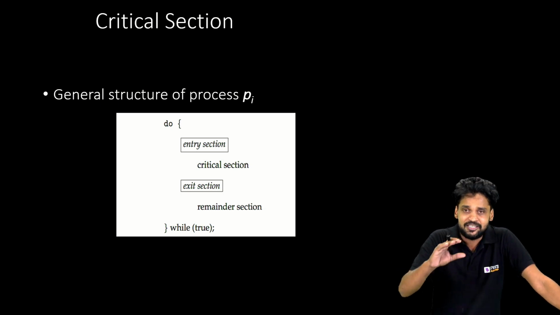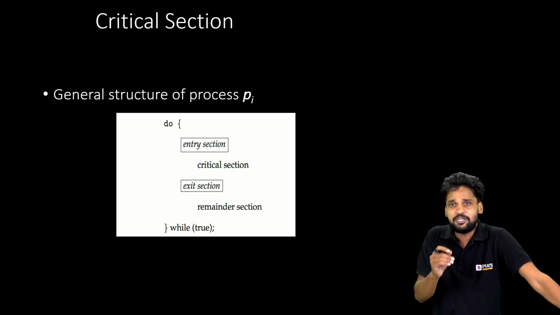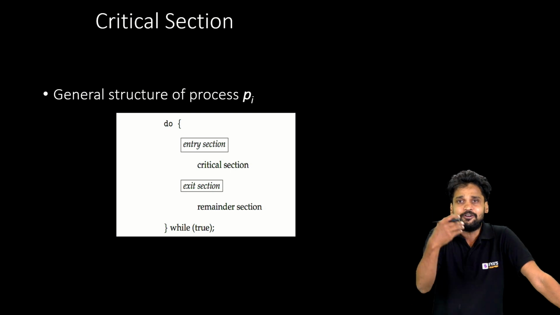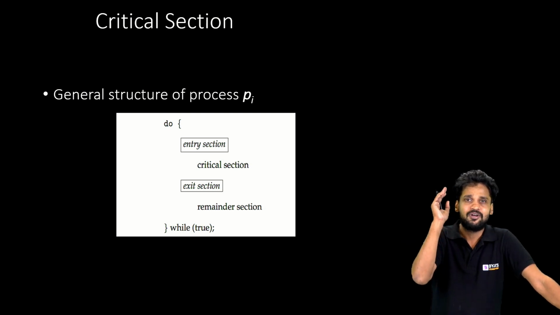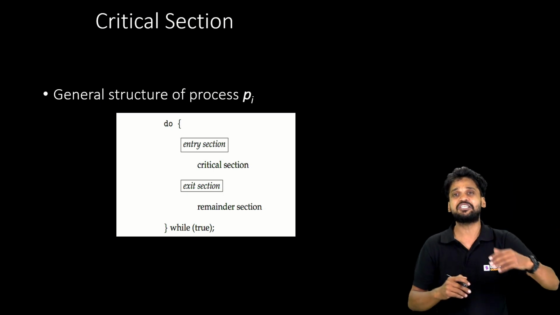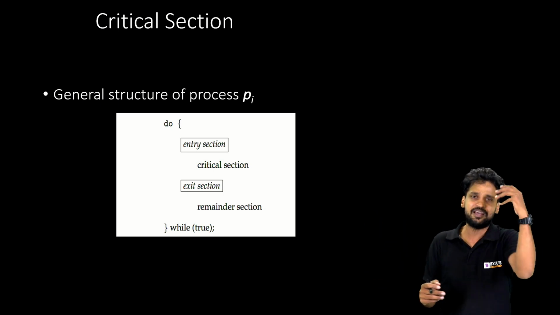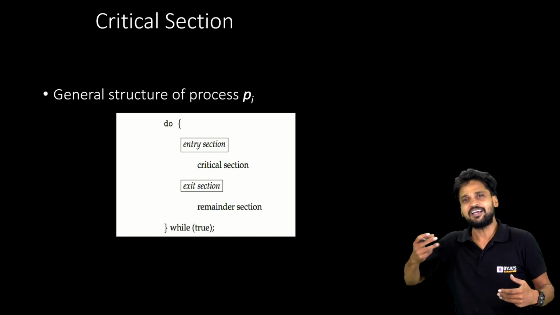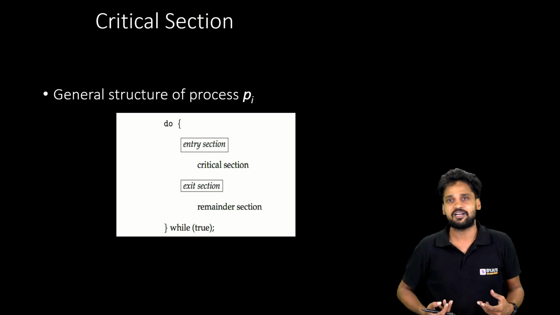If it is not executing in this specific section of code, that shared memory will not be accessed. So being an application developer, we need to make sure that only one process enters the critical section at one time. For one instance, only one process is allowed to enter the critical section. If more processes are allowed into their respective critical sections, there will be chaos because there will be inconsistencies in updating the shared variables, updating the shared memory, right?